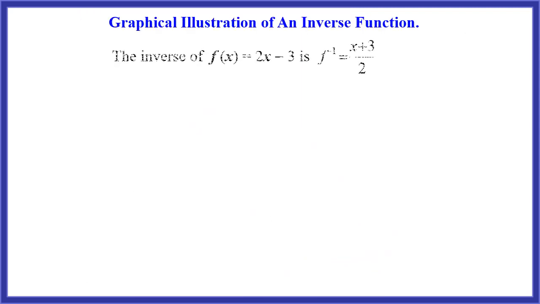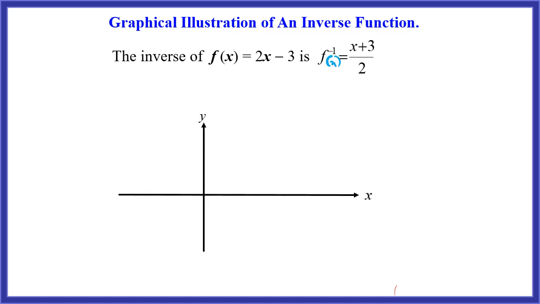Let's see the graphical illustration of an inverse function. The inverse of fx equals 2x minus 3 is f inverse equal to (x plus 3) over 2. If we draw the graph for fx, we have 2x minus 3 with negative 3 as the y-intercept and 3 over 2 as the x-intercept.